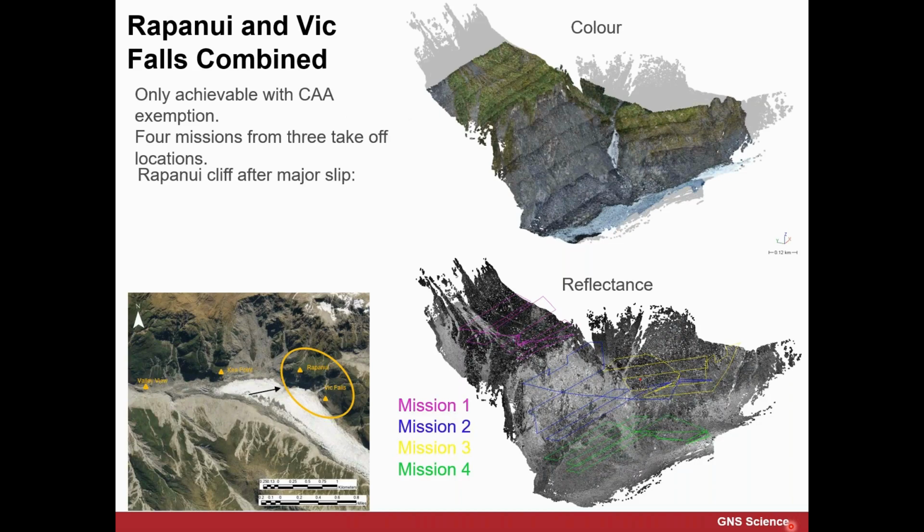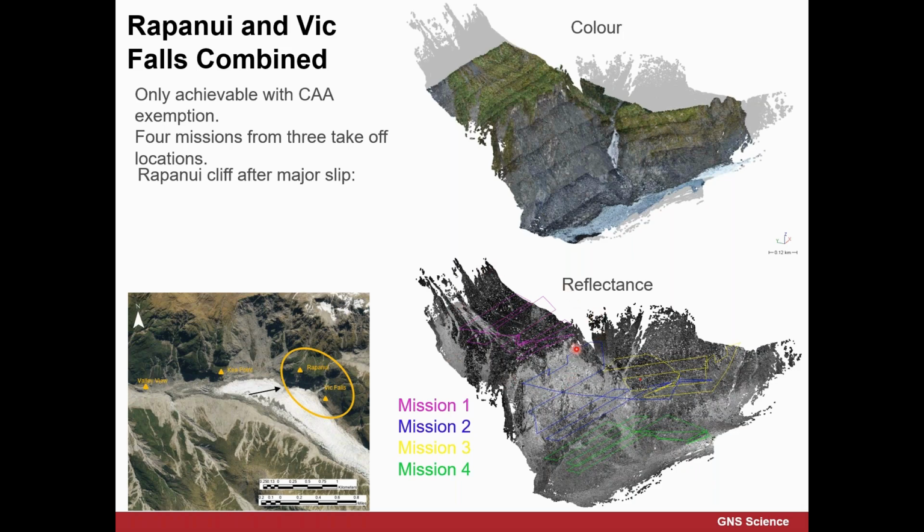So that's the cliff slope, that's the whole slip there. This is Vic Falls and Rapa Nui combined. Our orientation is looking upslope here. And in the bottom right, you can see those are the 4 missions we had to fly to collect all that data.